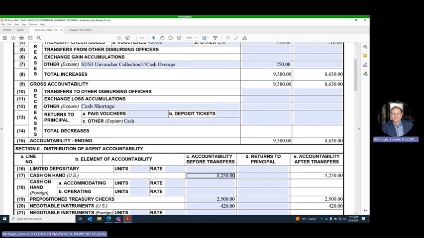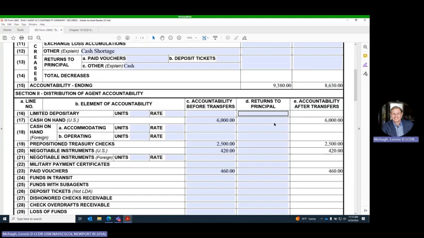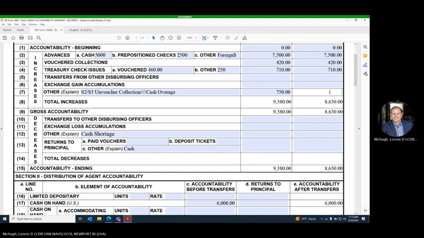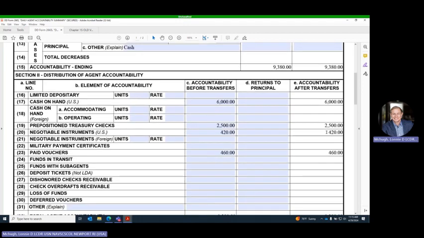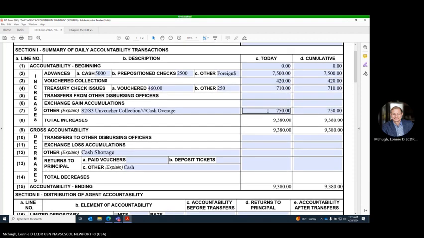All right, so that will increase our cash on hand to $6,000. And we're going to do our check to see if line 9 matches 32 Charlie. Does. And does our line 15 match 32 Echo? It does. So we balance.